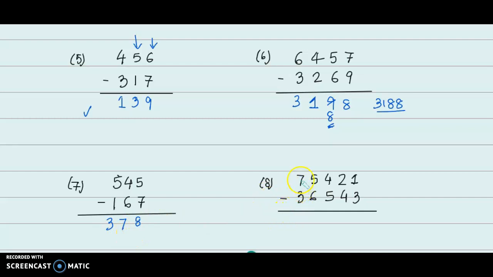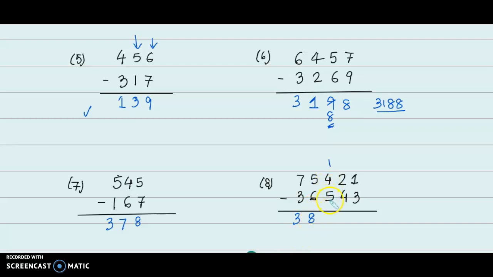Next question. 7 minus 3, 4, and 4 minus 1, 3. Why? Because this is smaller. So complement of 6, 4, and 4 plus 5, 9, but again this is smaller, so you have to write 8. 9 minus 1, that is 8.